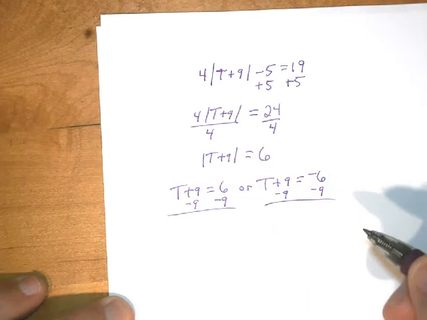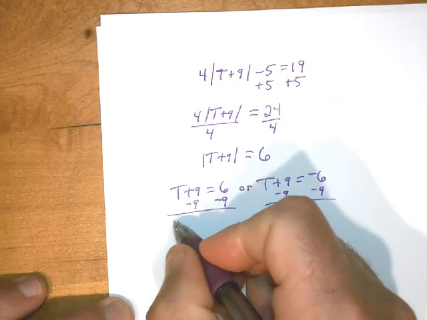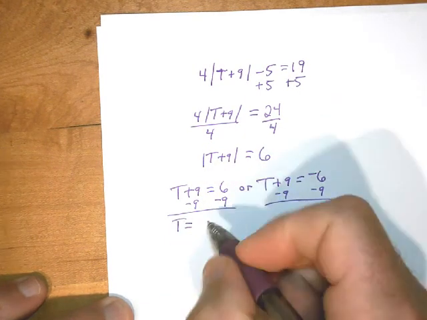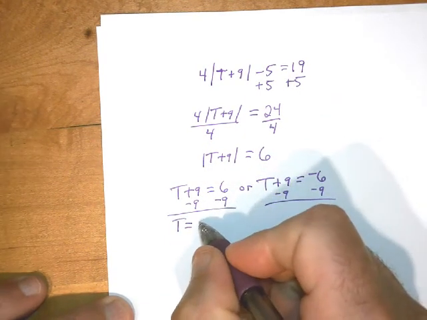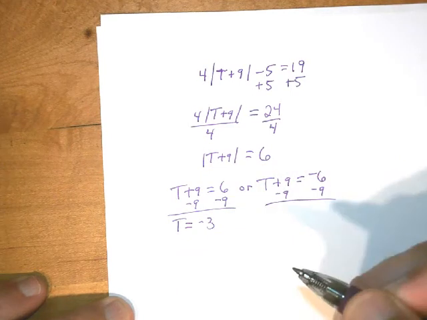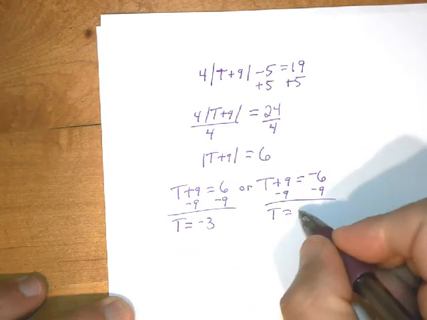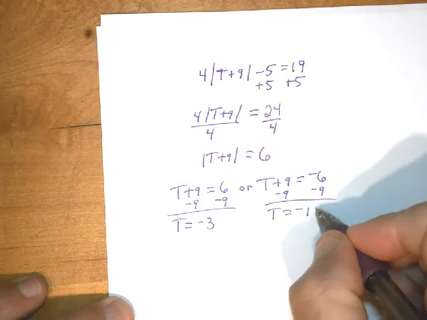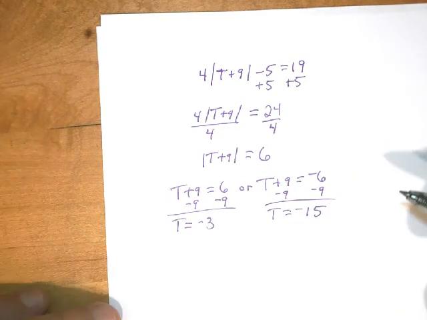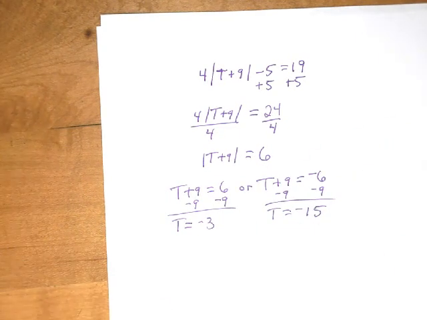So I'm just going to do it all at the same time. Minus 9, minus 9, minus 9, minus 9. Again, I like to throw in these just so we don't get confused. So t comes out to equal a minus 3, or t comes out to equal a negative 15.